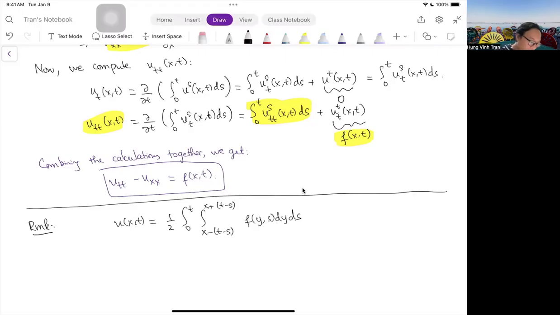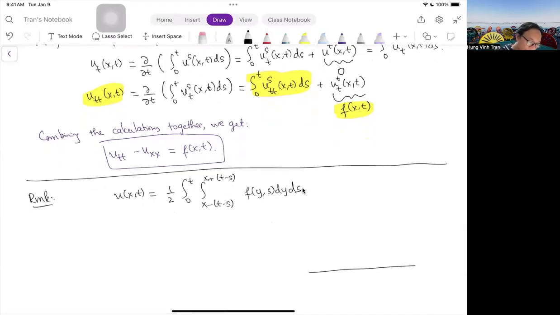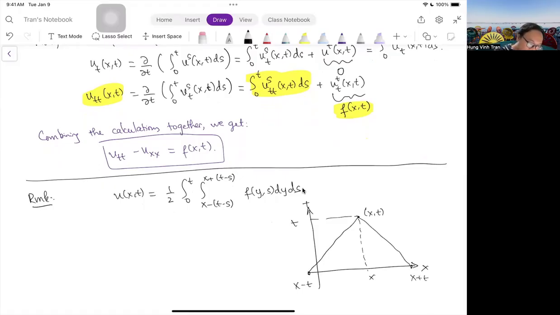Okay, so if you draw out the region, let's say this is x, this is t. Let's say that I start with this point (x,t) here. When s equals 0, you start from x minus t to x plus t. And for any other point, if you start at s here, then you go from x minus (t minus s) to x plus (t minus s).